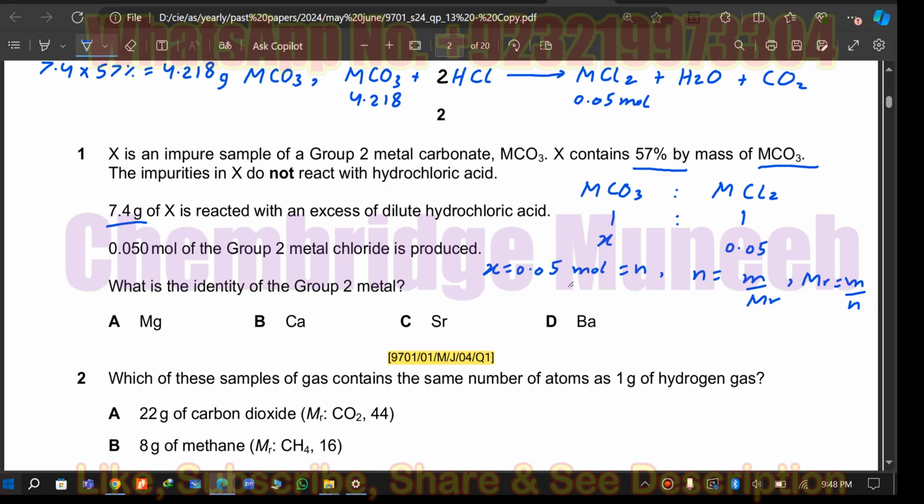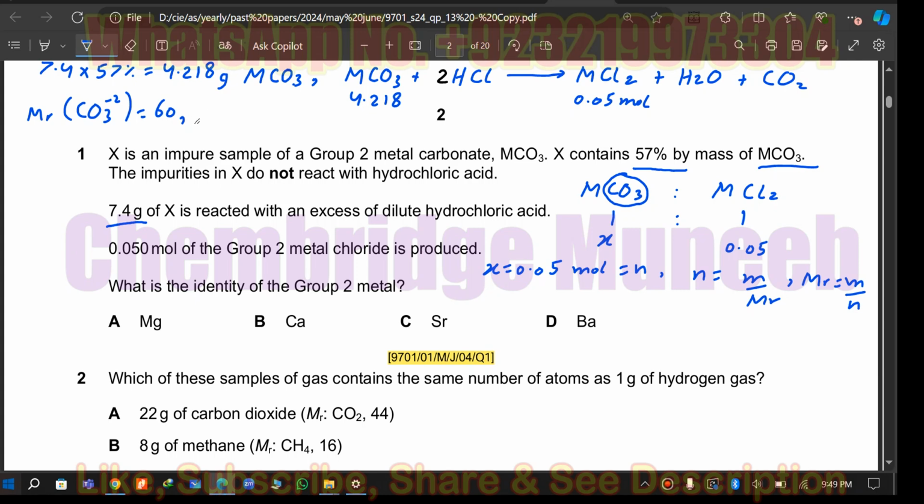Now as we are considering the values of the MCO3, then in MCO3 there is CO3 present, so we can take out its value from it. Then I can write the relative molecular mass of CO3, which is basically the carbonate ion. Its mass will come out to be 60, which you can compute. Now we have calculated its value.